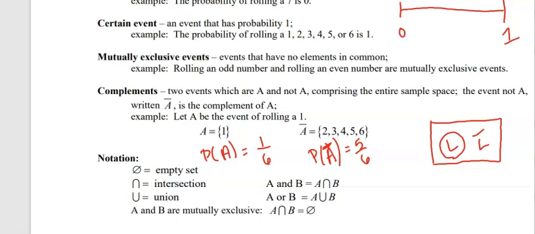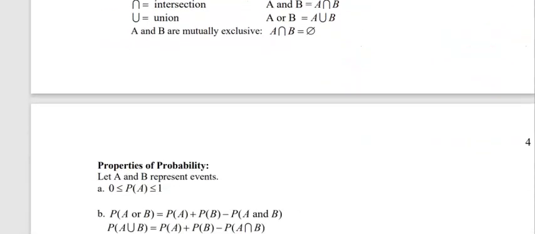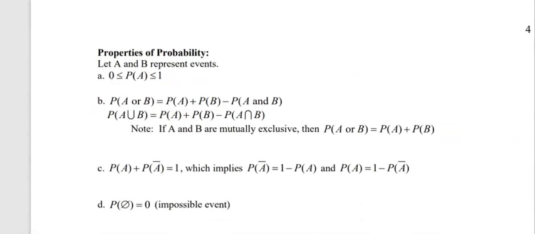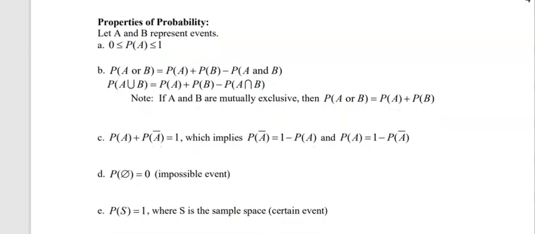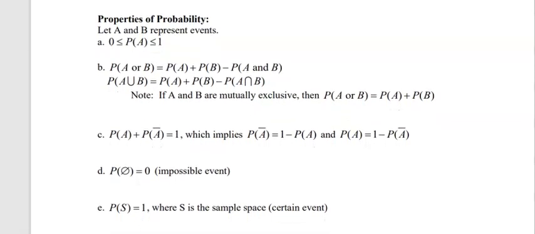If they are mutually exclusive events, then they don't have anything in common. Remember, there are no overlapping outcomes in common, so the intersection would be the empty set. We're going to keep that in mind as we look at these properties. Some people get kind of freaked out by the notation of these, but this is all stuff that we've already talked about.